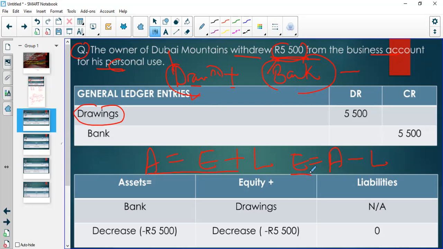If you haven't paid attention, you will write wrong things because you assume this is going to be assets, this is going to be equity and liabilities. They've played it around. They could say assets minus liabilities is equal to equity, like that. So you need to be able to read the format that they want you to present it in.